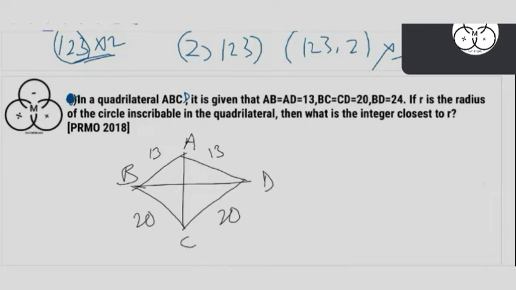This is a kite. I've already said that the prerequisite is NCERT class 9. Then this will be 12, this will be 12. Applying the Pythagoras theorem, this part will be 5. This is a right angle, right? Since this is a kite.